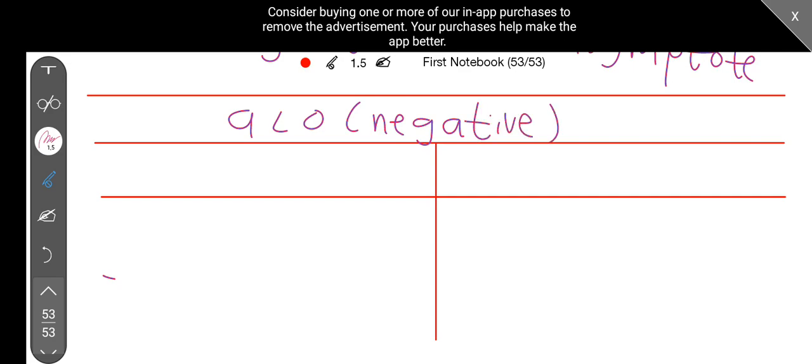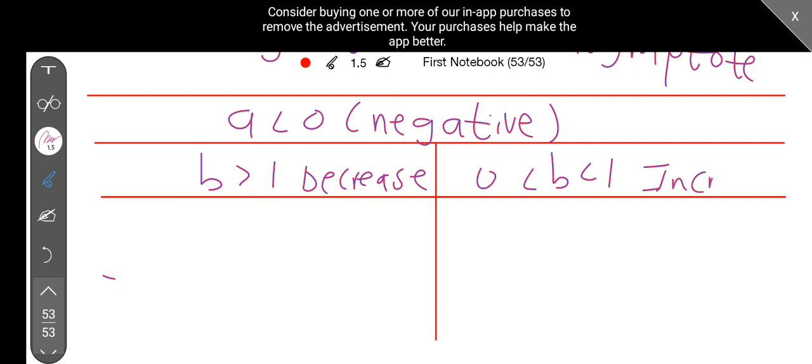I'm going to give you an example. So, let's say a is less than 0 while b is more than 1. This term here is decreasing. And if b lies between 1 and 0, here it increases.